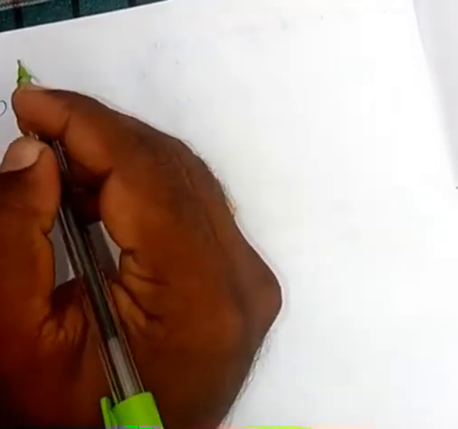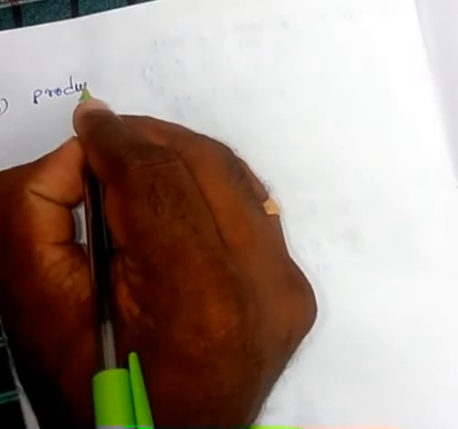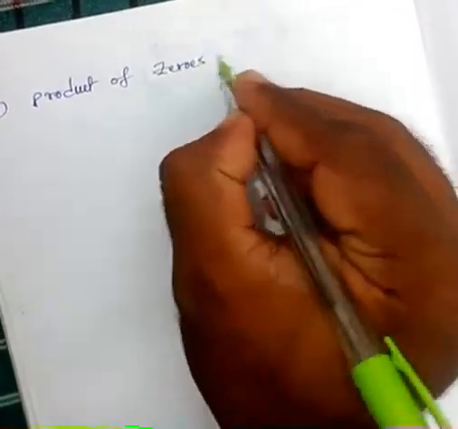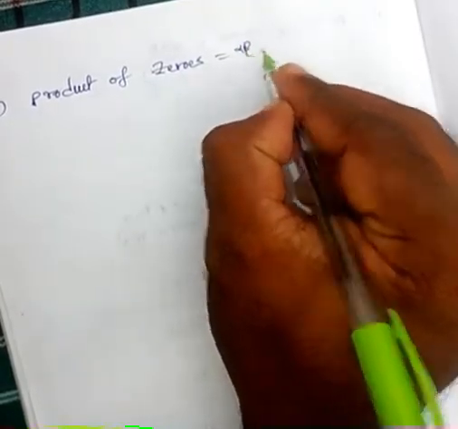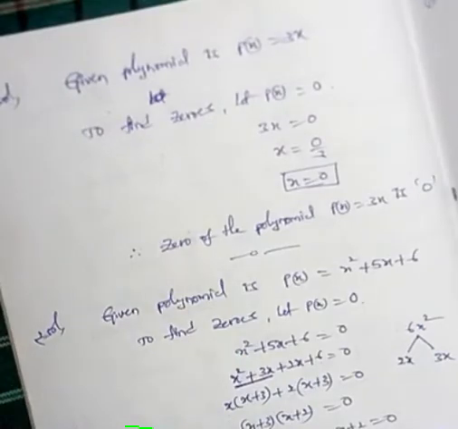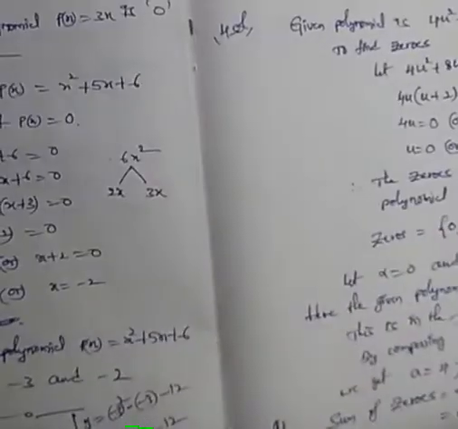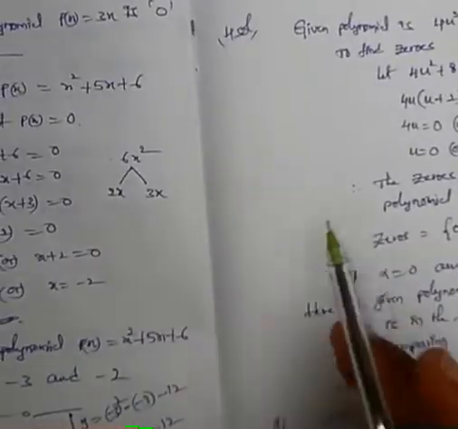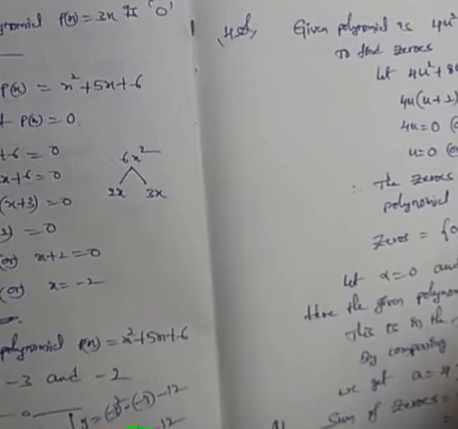Now coming to the second one. Second one is product of zeros. Product of zeros means alpha into beta. Here alpha is 0 and beta is -2.